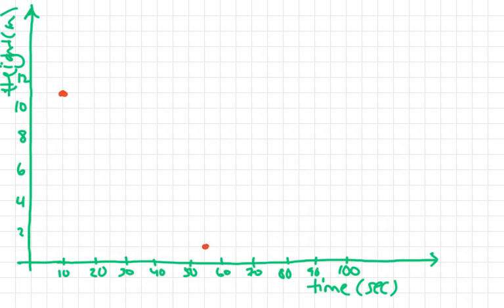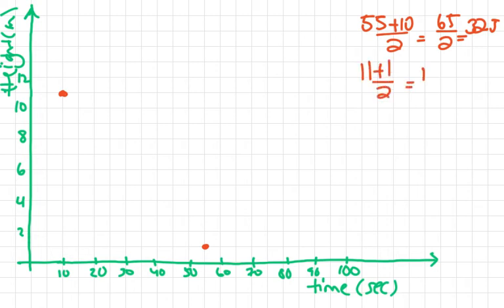And then, of course, he kept going up and down. So that means halfway between 55 and 10 would be 55 plus 10 divided by 2 would be 65 divided by 2, which would be 32.5. So halfway between that, he'll hit the halfway height, which is 11 plus 1 divided by 2, which is 12 divided by 2, which is 6.